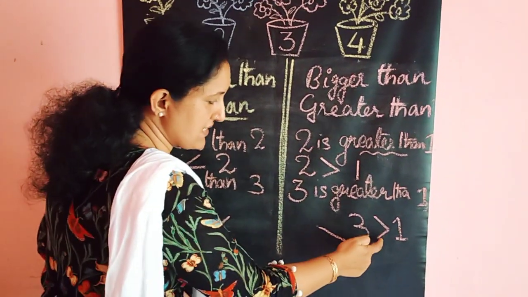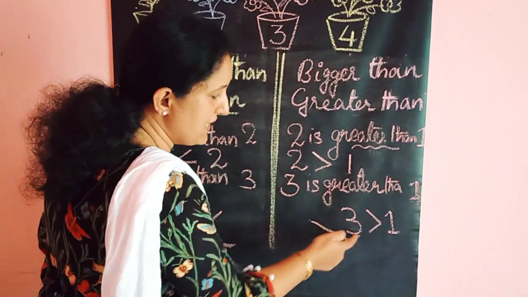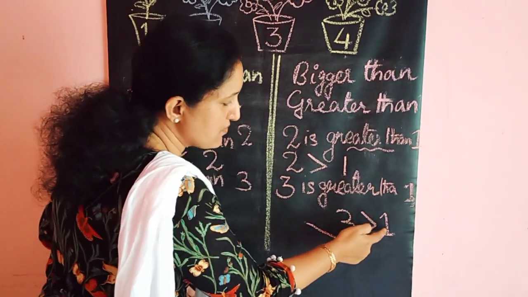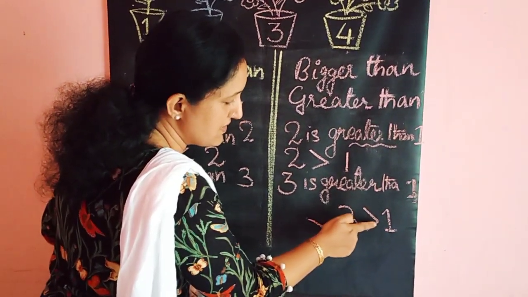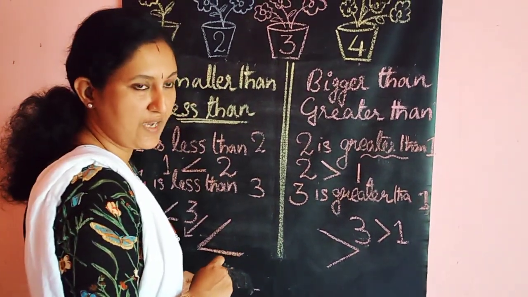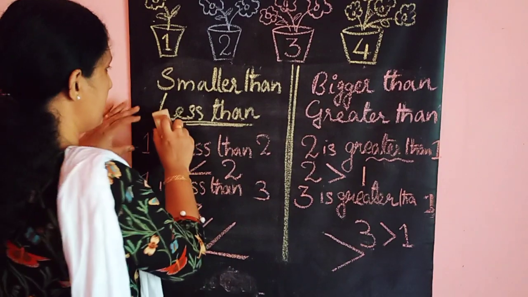Here also, this is the greater than symbol, the bigger number comes to its open side and the smaller number comes near its pointed side.